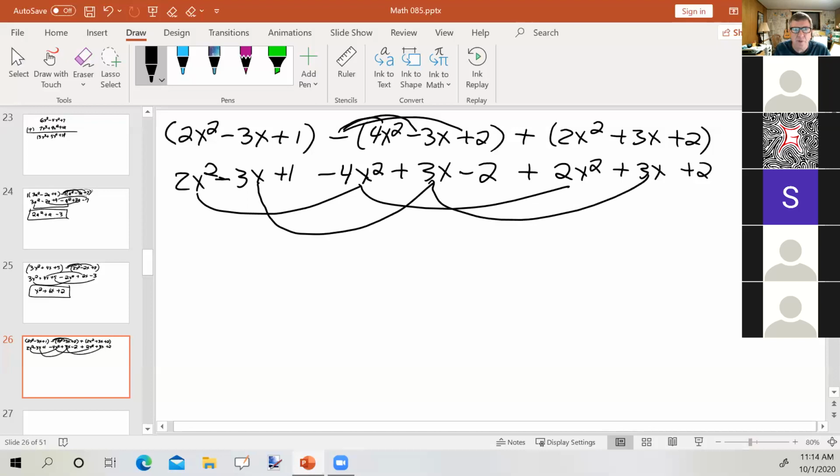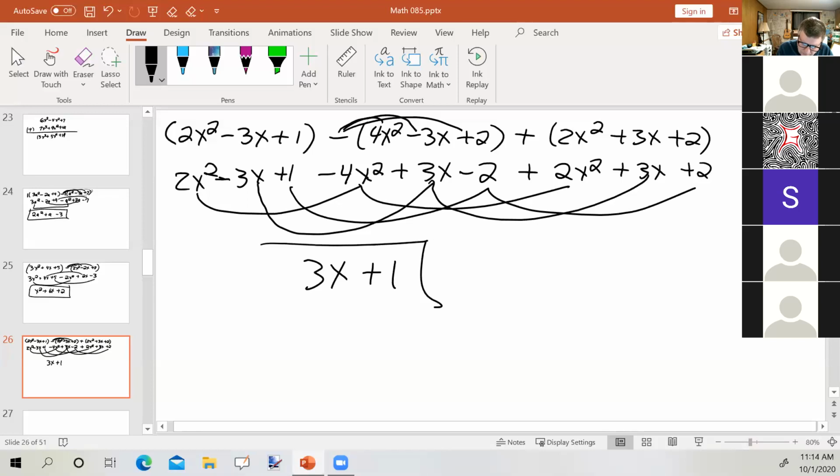Minus 3x plus 3x is 0x. Plus 3x, oh, I've got 3x so far. And then 1 minus 2 plus 2 is just plus 1. So the result of that addition and subtraction is 3x plus 1. Any questions on that?